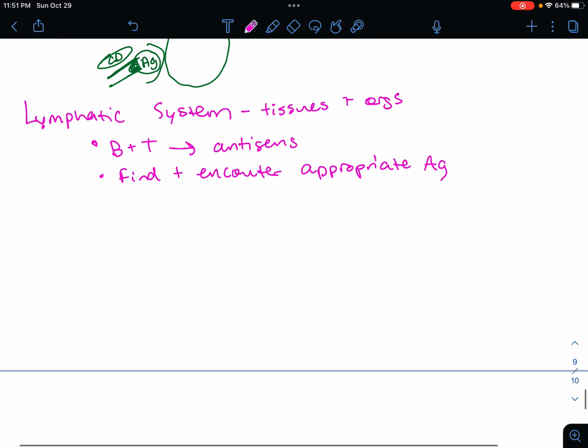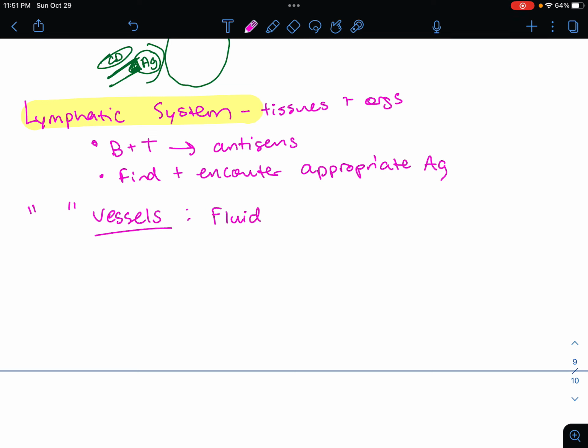We also have lymphatic vessels. And these are going to be fluids, and then they're going to be leaving the body's circulatory system. And then not all the fluid will return to the capillaries.